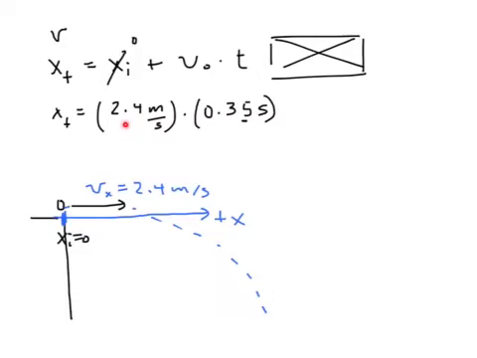So 0.35 times 2.4 meters per second gives me x sub f equal to 0.83. The seconds cancel, and I'm left with meters. So with one significant figure, it is equal to 0.8 meters.